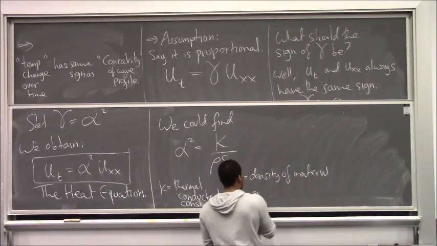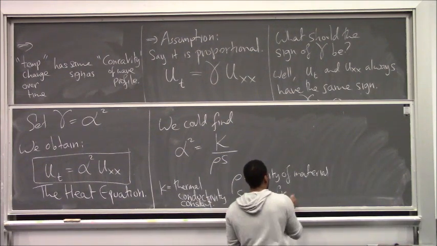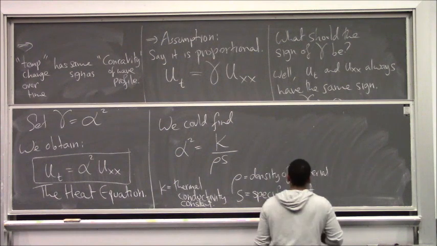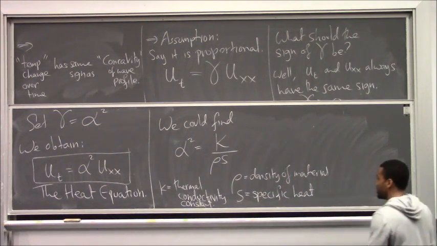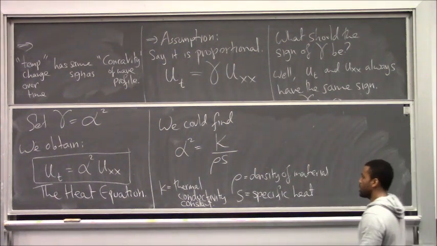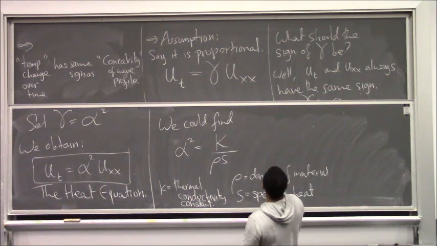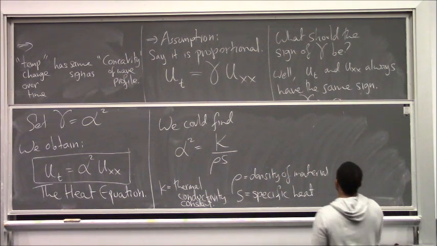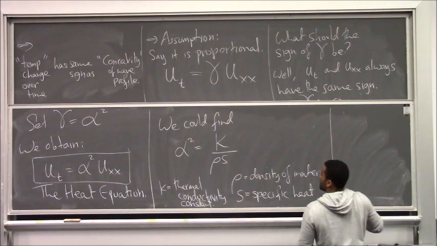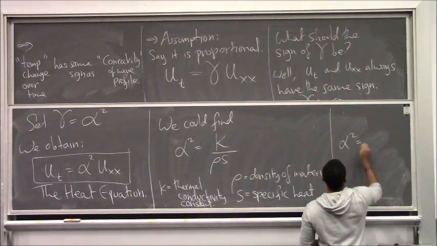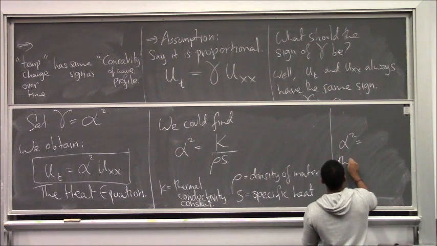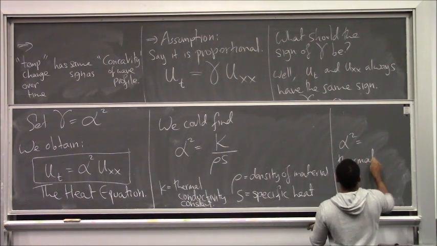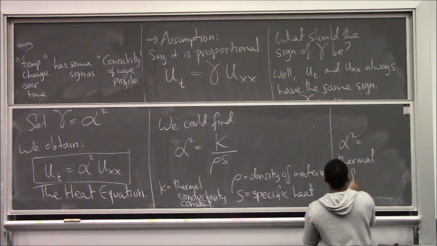S here is your specific heat, which tells you how much energy you need to add to change a unit volume by a unit temperature. So that's specific heat. Our alpha squared here is called the thermal diffusivity constant.